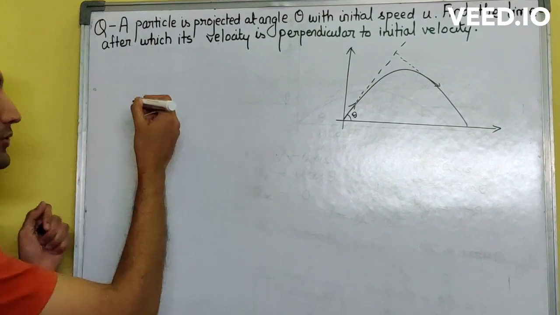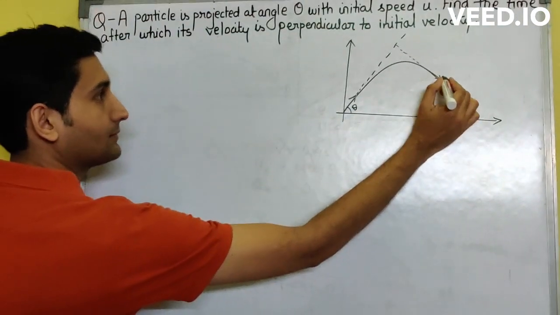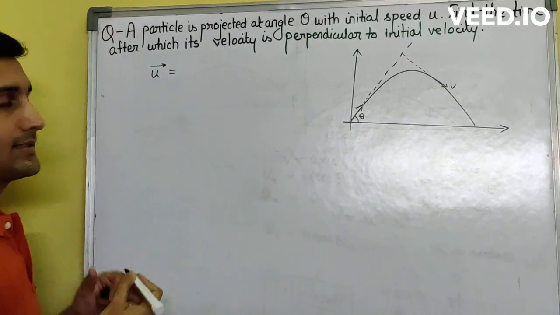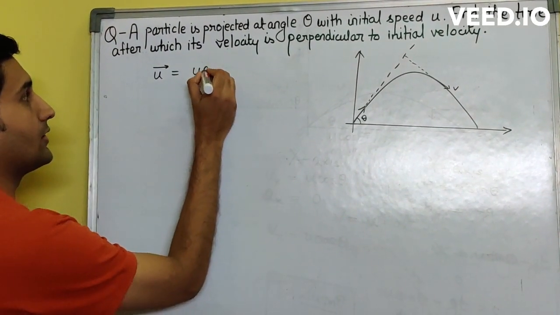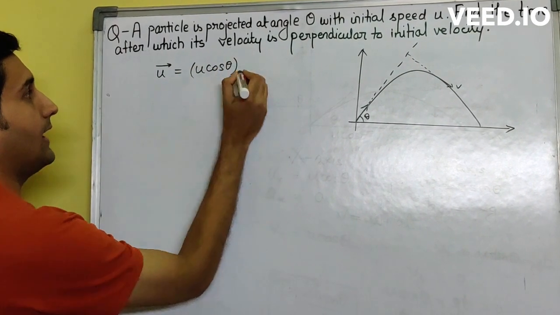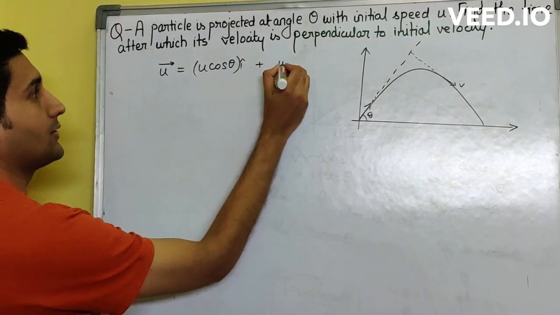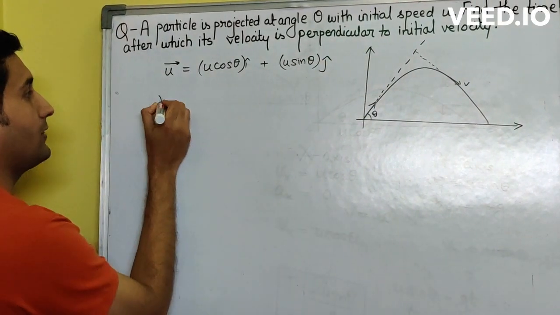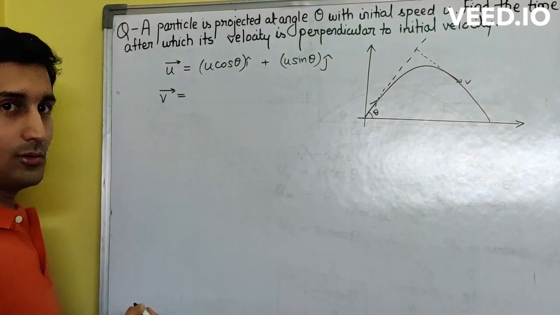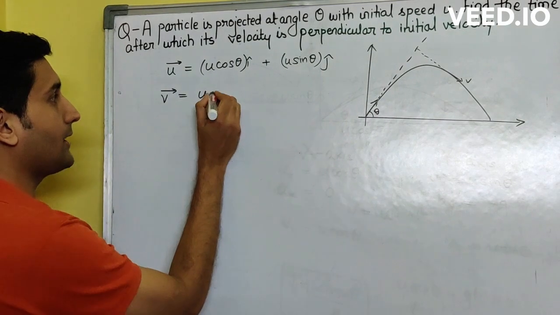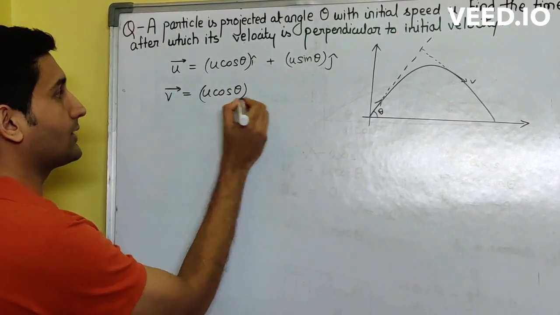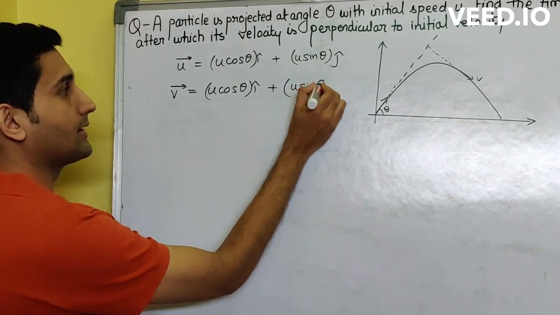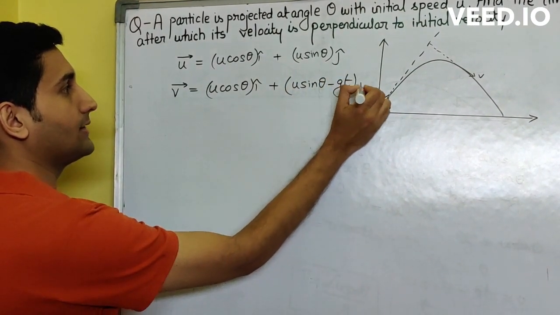Let us make use of vectors. So the initial velocity, I can write it as a vector u cos theta i cap plus u sin theta j cap. And final velocity, as I know that the horizontal velocity remains constant, u cos theta i cap plus the vertical velocity changes, minus gt j cap.